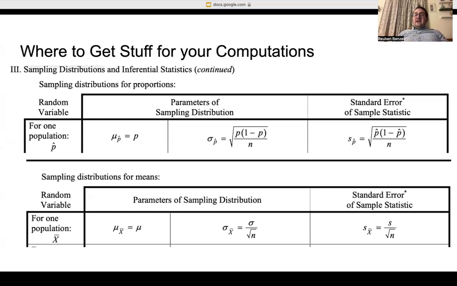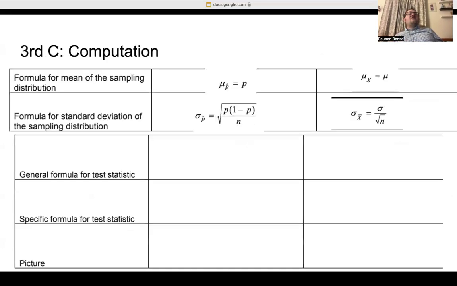Again, we have the AP Statistics formula sheet and where to get the information. You'll have all that you need for your computations, where you can get the parameters, the mean of the sampling distribution, and the standard deviation of the sampling distribution. What I put here is where we got these from the formula sheet.